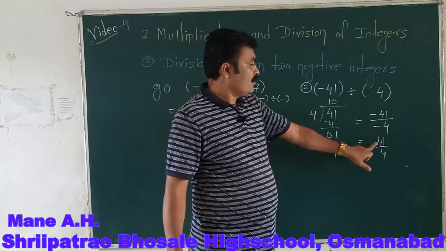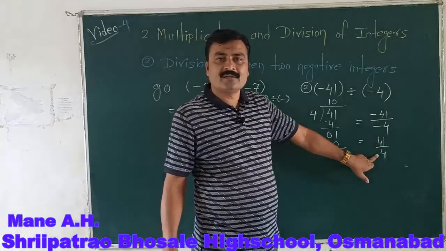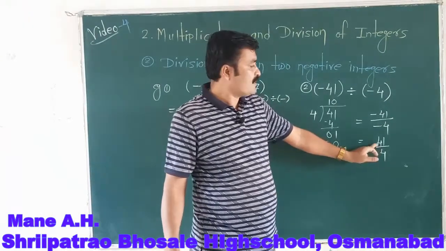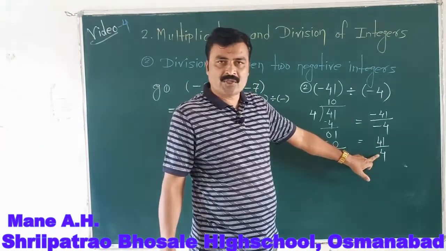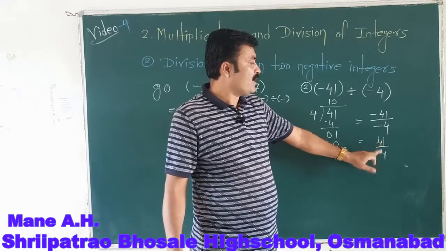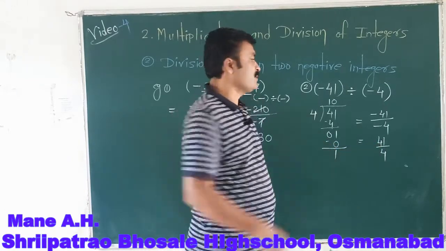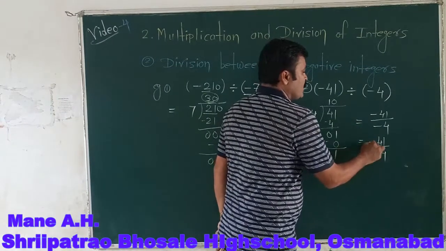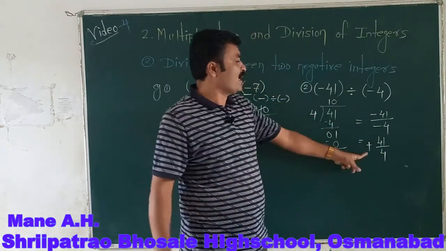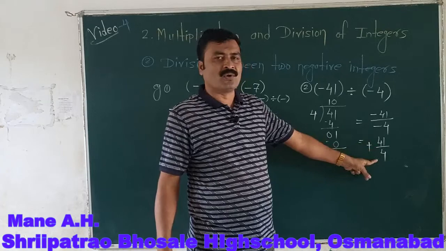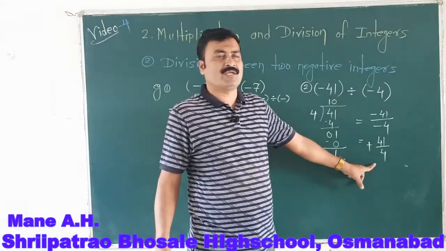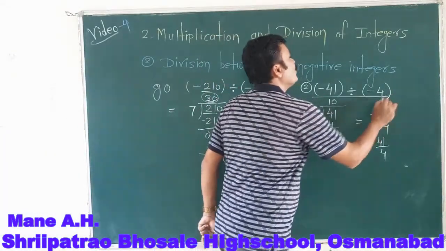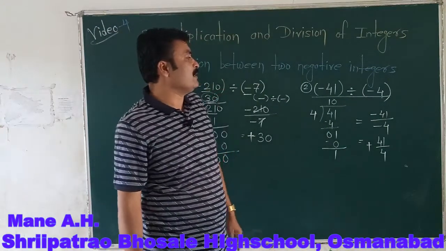Now reduced form, that is also not possible. संक्षिप्त रूप आपल्याला देणं शक्य नाही या ठिकाणी. 41 and 4 remain as it is, and the important change, minus divide minus, we get plus. So plus 41 by 4, this is the main quotient of these two negative integers here.